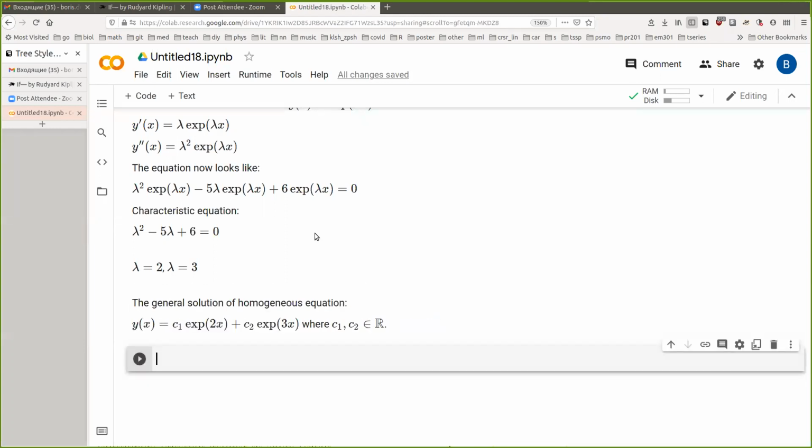Okay, we have solved the first step for both equations. Yeah, any questions up to now? No, here no questions.